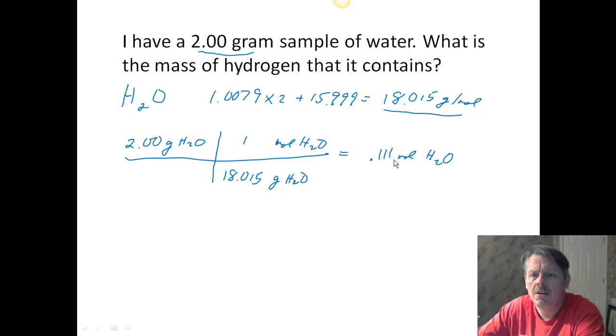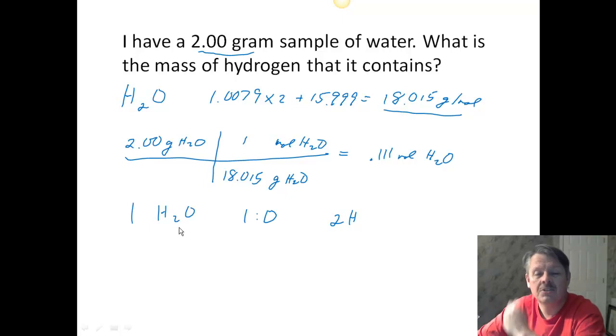If you have, let's just think about this, step back from the problem for a second. If you have one molecule of water, how many oxygens do you have? Well, I'll have 1 oxygen. How many hydrogens will I have? Well, I'll have 2 hydrogens. So I'll have 1 oxygen and 2 hydrogens for every 1 water. So I can do that with moles as well.